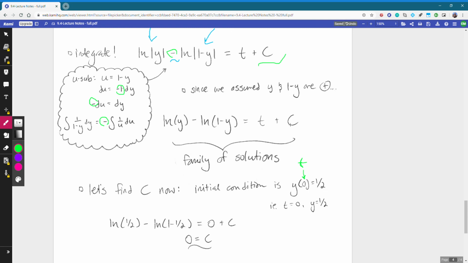And so we can plug those in for t and y here in our family equation. If we do that, things actually cancel nicely. Here on the left, we get natural log of 1/2 repeated. And so things cancel out on the left, and we're left with a nice clean c equals 0.